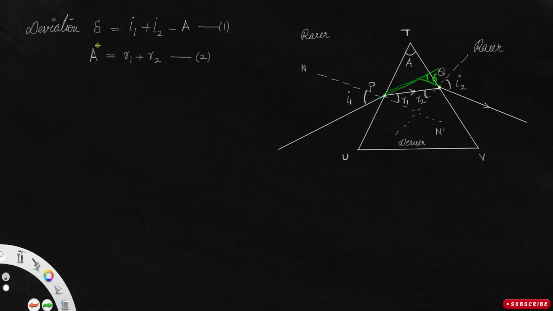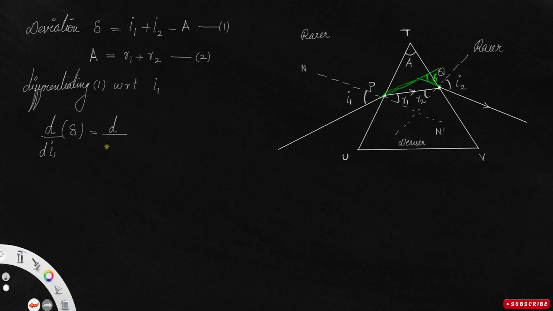So first what I am doing is, I am differentiating equation 1 with respect to I1. That is, I1 is the angle of incidence. So what I will get, d by dI1 of this delta, angle of deviation. You have to differentiate on the left hand side and on the right hand side.